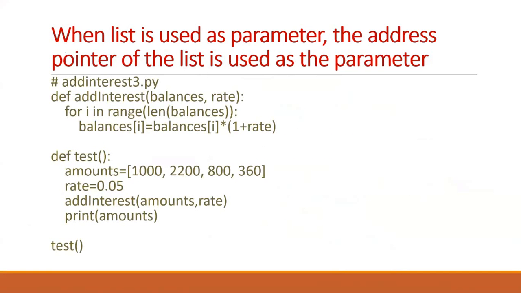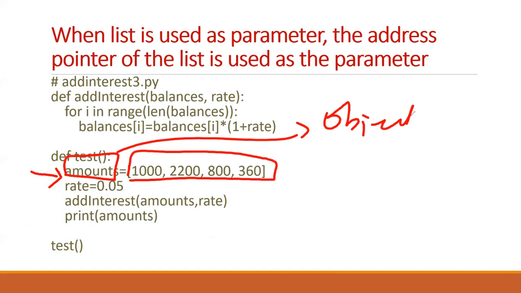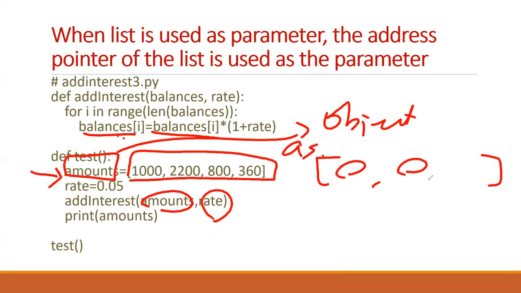And right here, you have the third way. I want to change my amount, so I put it in a list. When it is a list, this is an object, so it's only a reference. I pass my amounts over and use the rate, and here I update each individual one. So I have this called amounts, and I have some values, and each time I update my values over here.